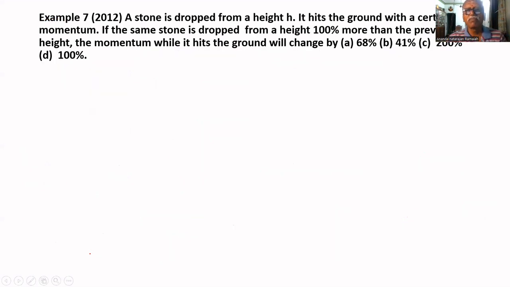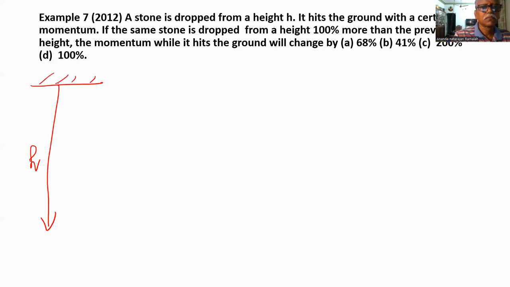A stone is dropped from a height h. Since the stone is dropped, u equal to 0. It hits the ground with a certain momentum, p equal to mv.